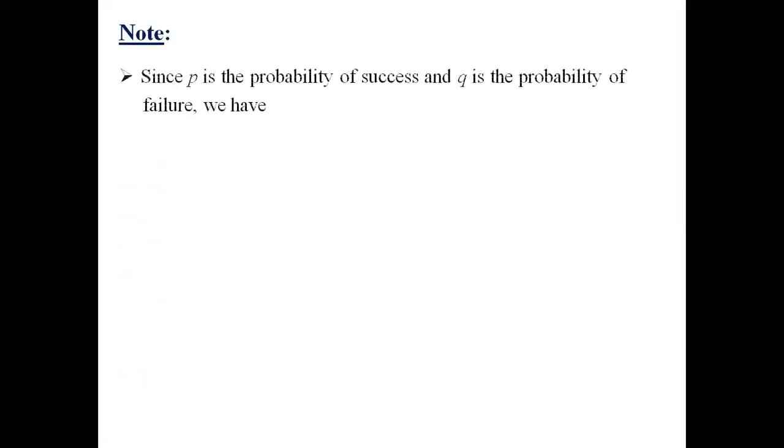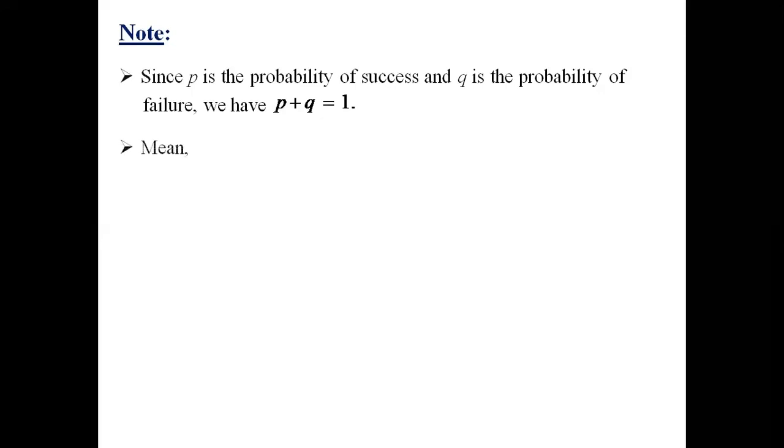Note, since p is the probability of success and q is the probability of failure, we always have p + q = 1. The probability of success plus the probability of failure is always equal to 1.